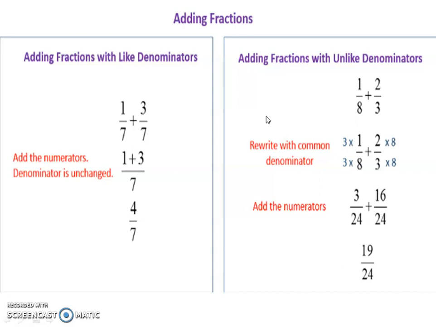You have to convert it to like fractions and then add the numerators. You should know how to convert unlike fractions to like fractions. Here the first step is taking the LCM of the denominators and then converting unlike fractions to like fractions.